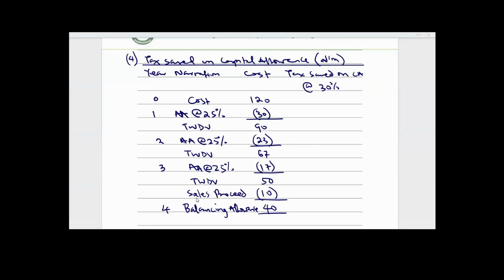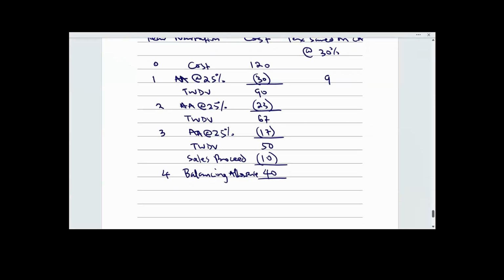So in year 1, capital allowance is 30 million multiplied by 30%, equal to 9. Here is 9. Then year 2 capital allowance is 23. 23 multiplied by 30% equals 6.9. So here we'll be rounding, that's 7.